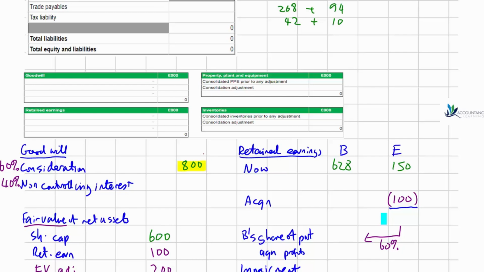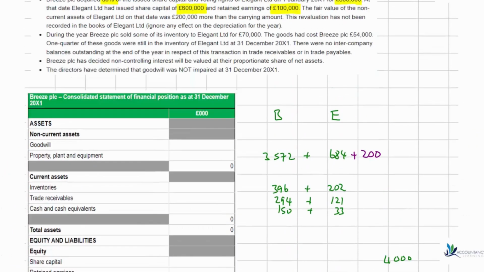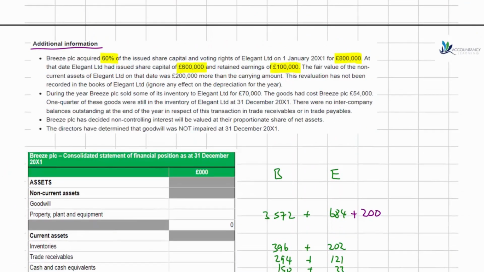So if we're considering the fair value of the business when we pay the 800,000, we also need to consider the fair value of the business when we work out our goodwill. So we need to be consistent. So there we see there's the credit, the 200 appearing in our goodwill calculation. So we've used the 200, we've done the debit and the credit, so we can highlight that.